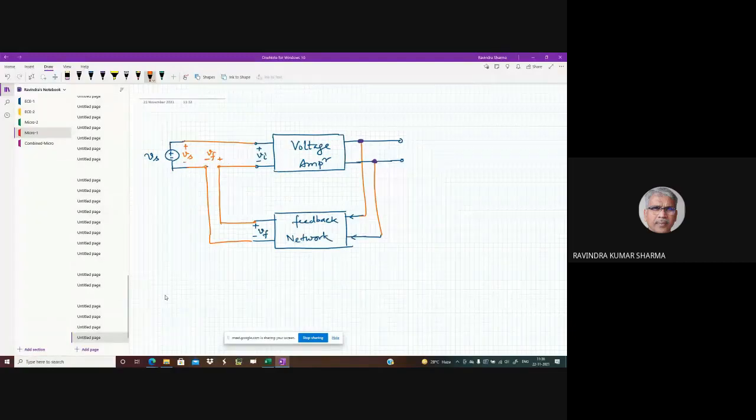If you apply the loop KVL at the input, VI will be VS minus VF. So this is called the mixing.